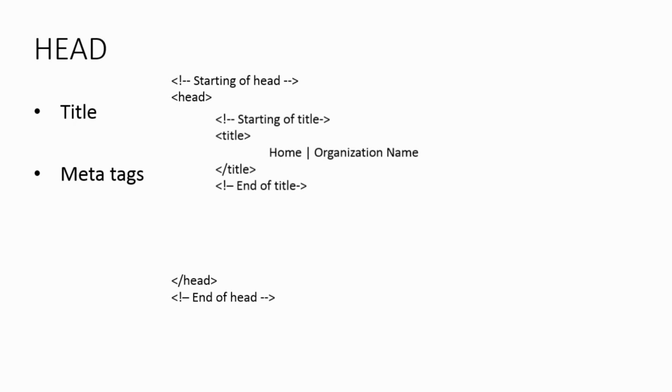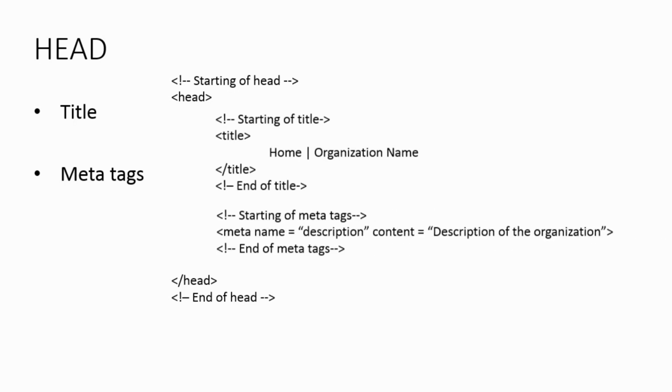For example, I am going to make a web page that has the title home-organization name. In it I want to say that it's the home page of some organization. And what is the meta tag? Meta tag simply is used for SEO, that is search engine optimization, like Google, Bing, Ask.